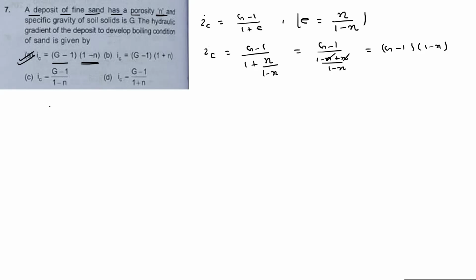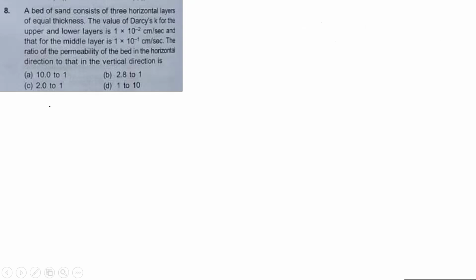Now question number 8. A bed of sand consists of three horizontal layers of equal thickness. The value of Darcy's K for the upper and the lower layer is this one, and that for the middle layer is this. The ratio of the permeability of the bed in the horizontal direction to that in the vertical direction.